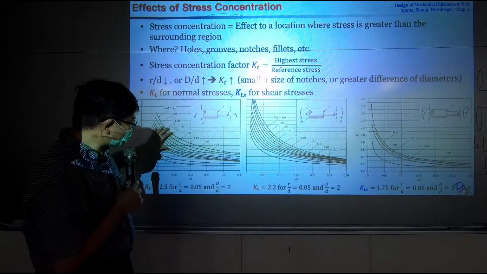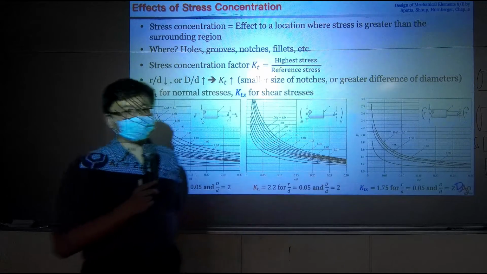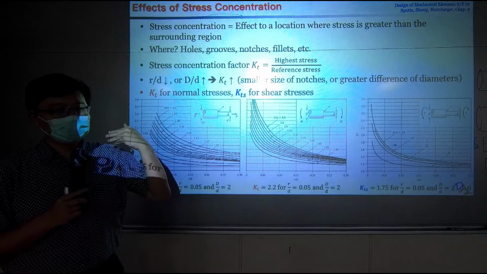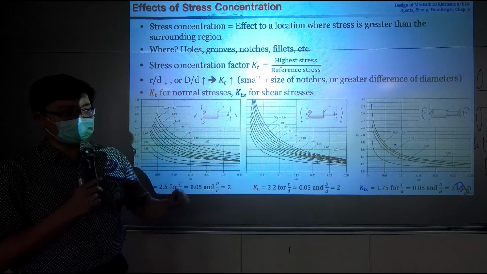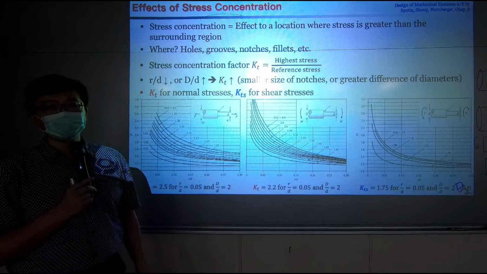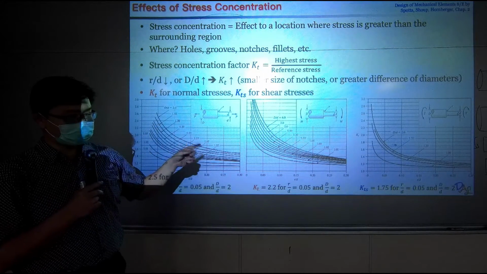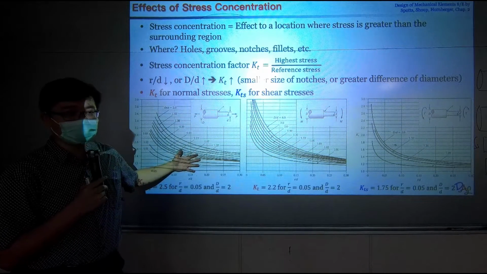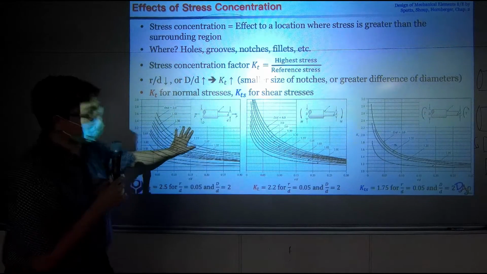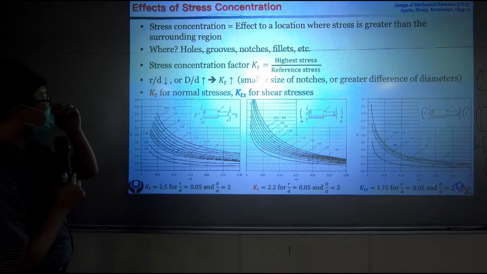So they plot out these tables to give you a guidance about how much stress could be concentrating. Okay, so I will let you know how to use it, and you need to understand why this table is happening and what it means.